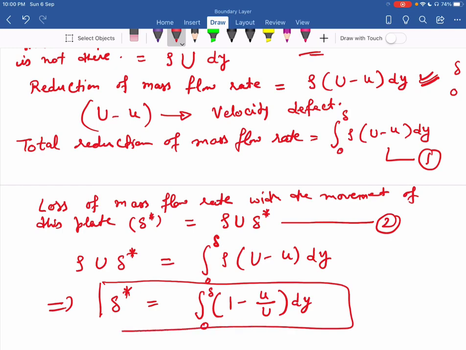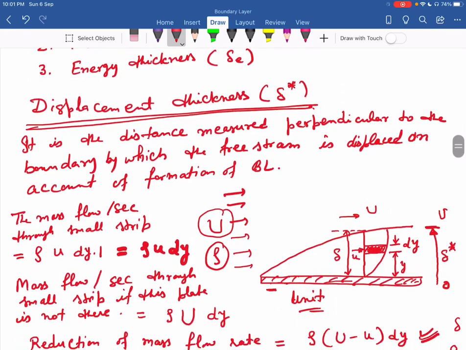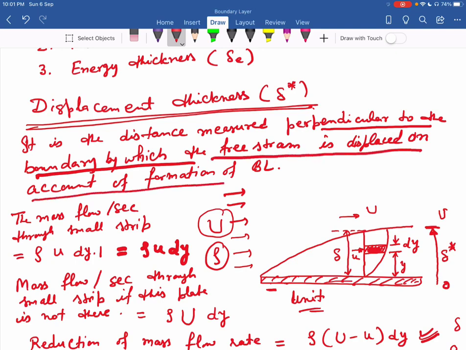This is the formula that gives us the displacement thickness. With the help of this formula, I can calculate the displacement thickness. Now you can see the definition: it is the distance measured perpendicular to the boundary by which the free stream is displaced on account of the formation of boundary layer.